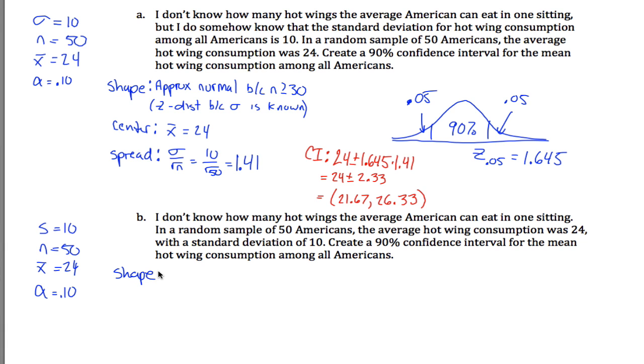A lot of this stuff is the same. We're still approximately normal, for the same reason, because n is still greater than or equal to 30. But now it's a t distribution because sigma is unknown.